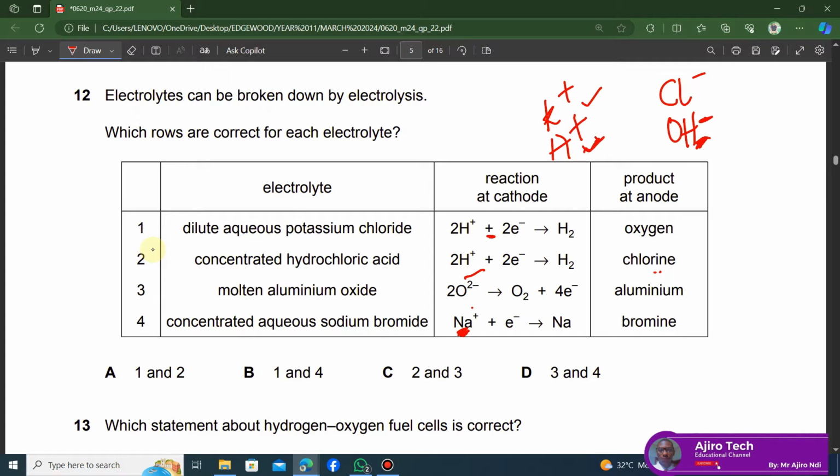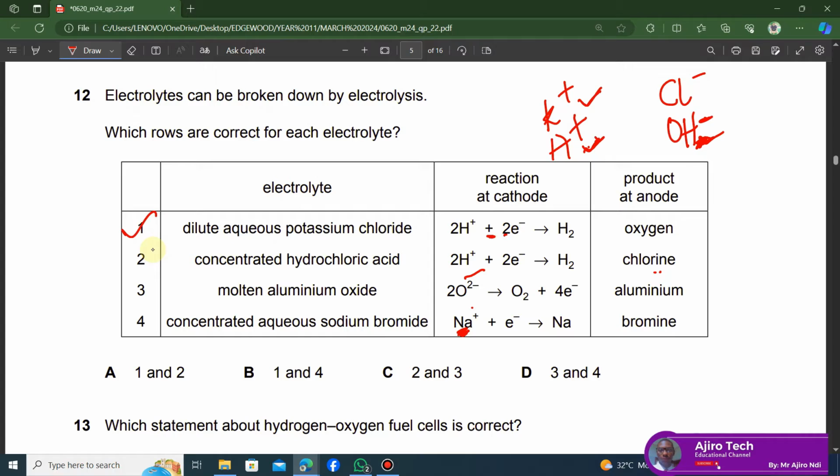All right, so because potassium is more reactive, it stays in the solution while hydrogen goes to the cathode, and then hydroxide ion is more concentrated, so it goes to the anode to produce oxygen gas, and that makes one correct. All right. Now, let's use the elimination method like we have been saying.